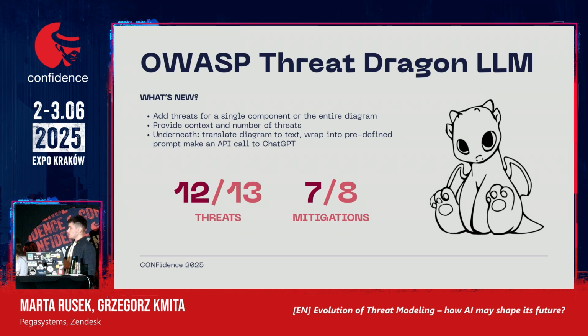And the results were kind of surprising, because it turns out that 90+% of threats were the same. So the LLM was able to identify 12 out of 13 most common threats identified amongst engineers, and also suggested 7 out of 8 proposed mitigations.